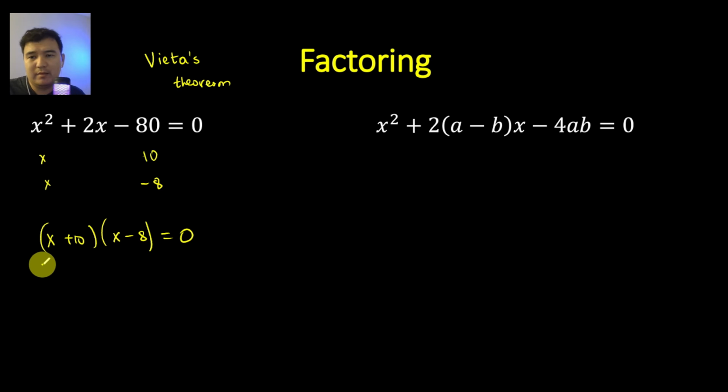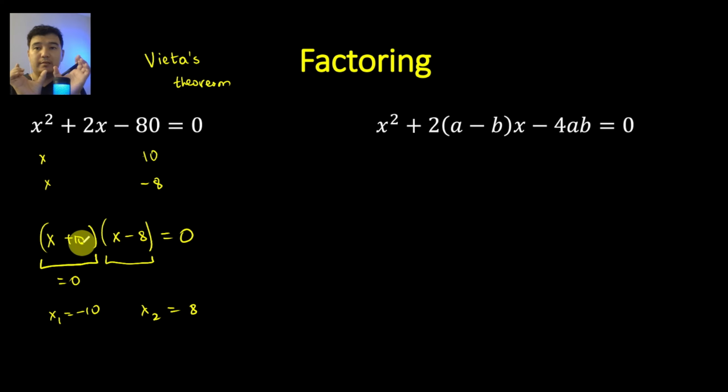At this point, we can solve these two factors separately. If you set the first equal to 0, x is going to be -10. The second x is going to be 8, because 8 minus 8 is 0, or -10 plus 10 is 0. When one of the parentheses is 0, you're multiplying 0 by a number, and whenever you multiply something by 0, that becomes 0.